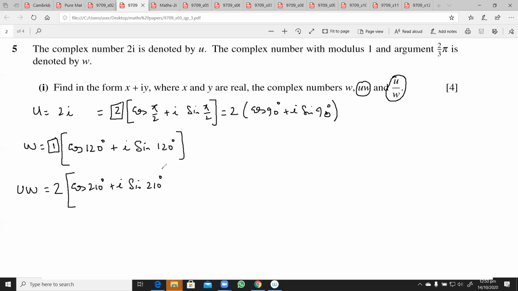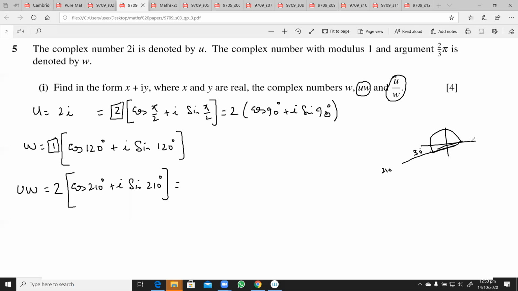Now, am I doing something wrong here? Remember, your argument cannot exceed 180 or go below minus 180. So this 210 is going to go like this. This is your 210, so it is up to here, and this is 30 degrees over here.